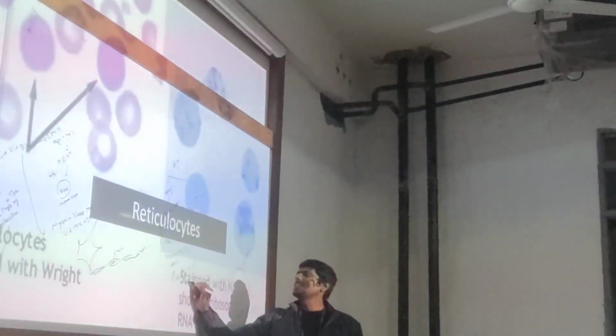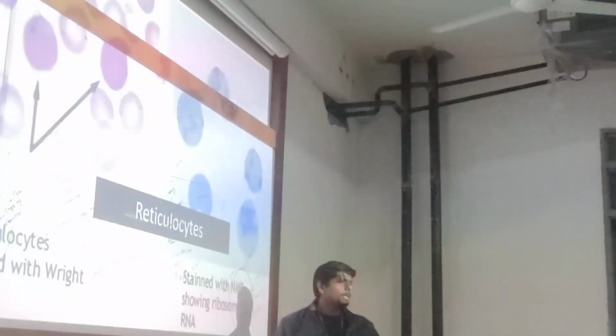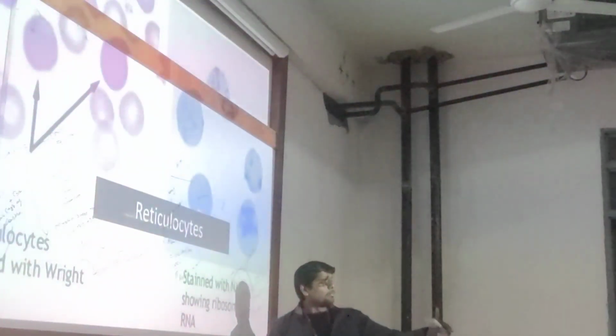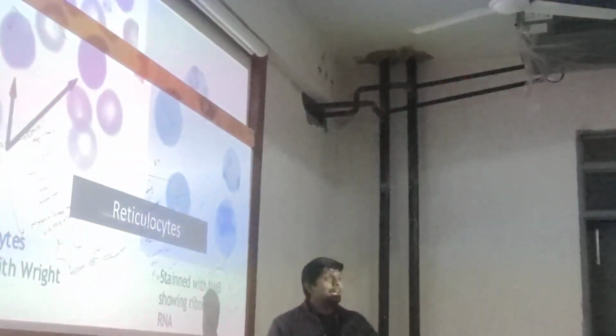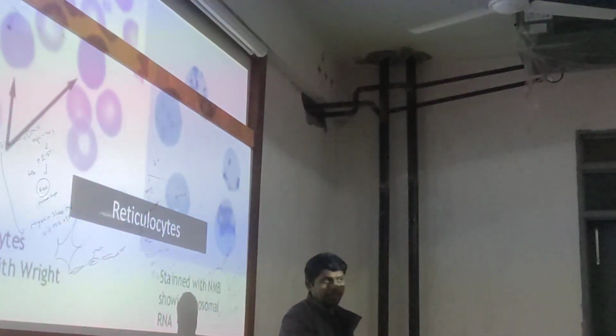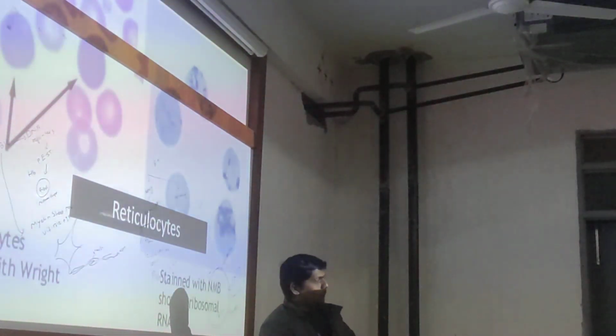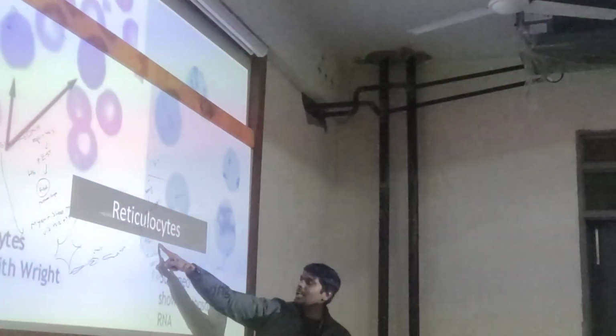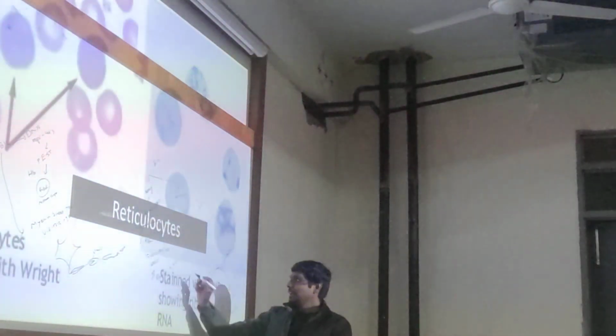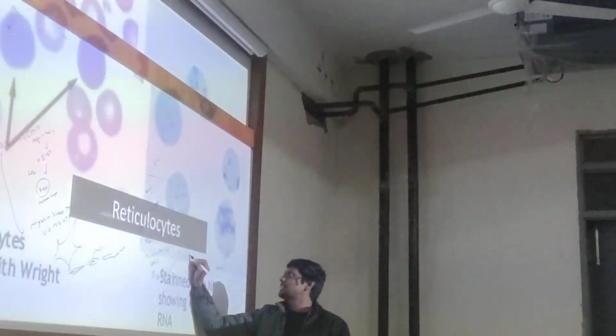Normally some 2% reticulocytes should be there in the circulation. If there are more reticulocytes, that indicates the bone marrow is working properly to compensate the anemia. That means in anemia we must find increased reticulocytes.